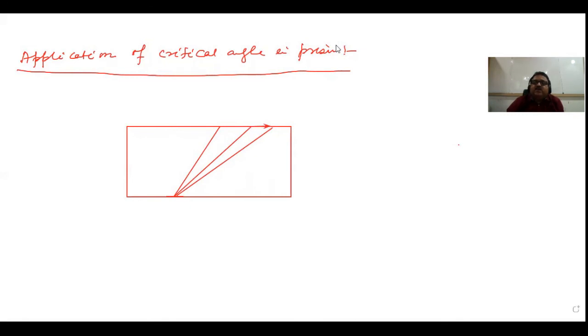This is ray 1, this is ray 2, and this is ray 3. We have to complete the ray diagram. So what is the procedure? I told you this earlier also. In order to complete the ray diagram, first draw the normal in each case.